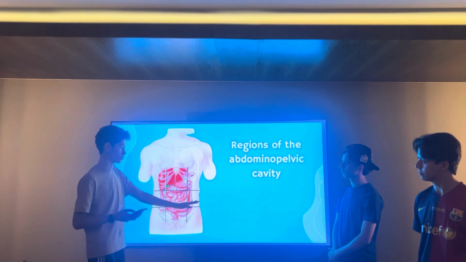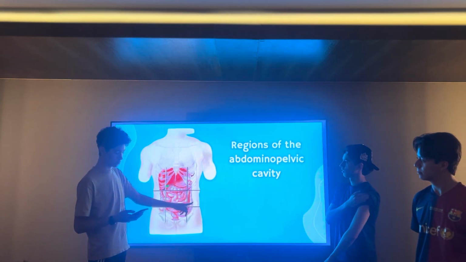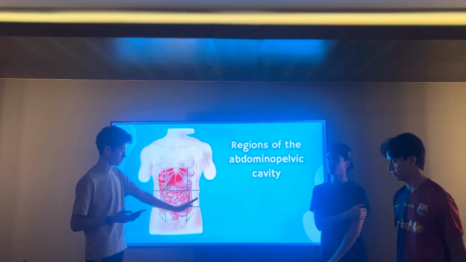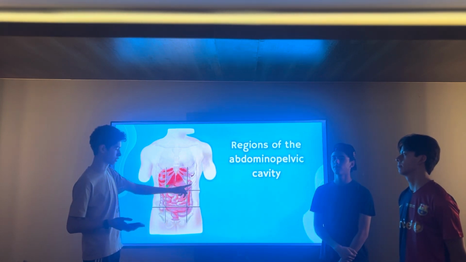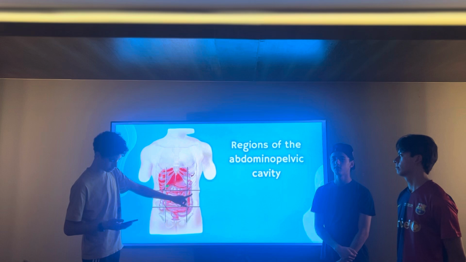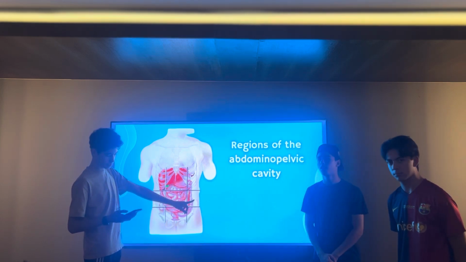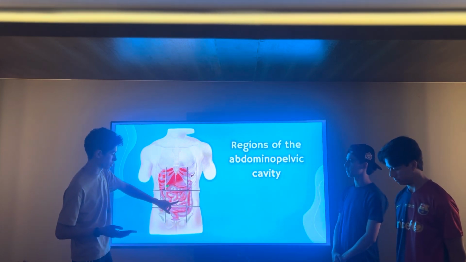Then we go to the sixth region, which is the left lumbar region. It's right beside, in the lower left part of the abdomen. It contains the descending colon, which is this part, the left kidney, and portions of the small intestine too.